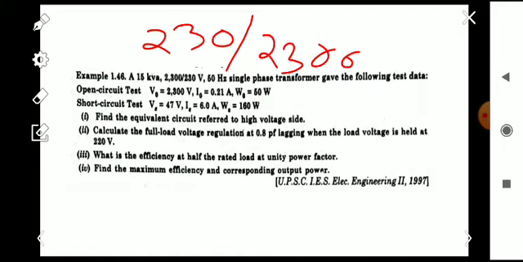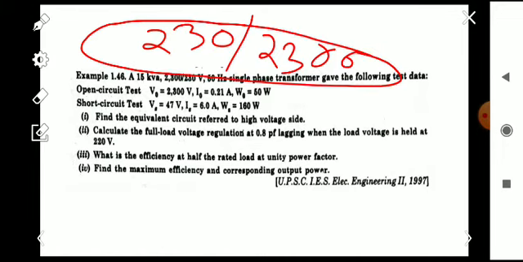Normally the low voltage side is short circuited and equipment is connected on the high voltage side, so here the equipment is connected on the secondary. So initially we will obtain the values of R02 and X02, and later we will convert them into R01 and X01.